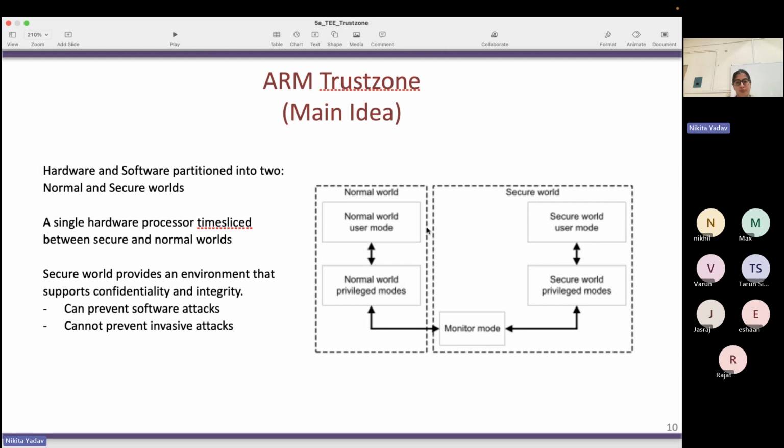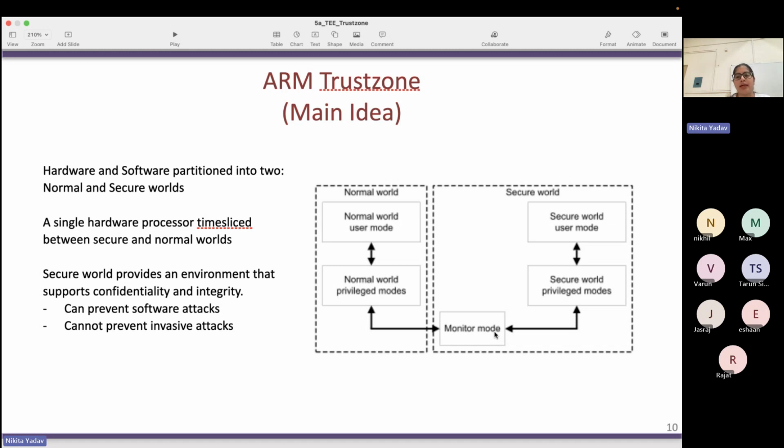And basically any other software cannot do it, only the monitor can do it. Only the monitor can switch worlds. Okay, so that's why it has some operation, as I was saying earlier, which only it is allowed to do, that is switching between these two worlds.